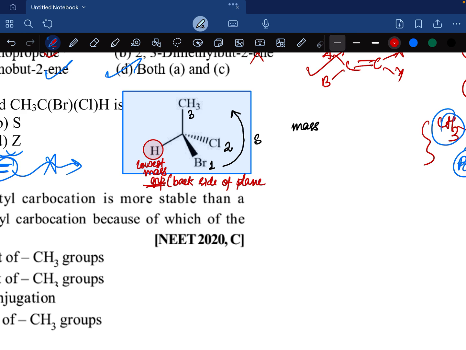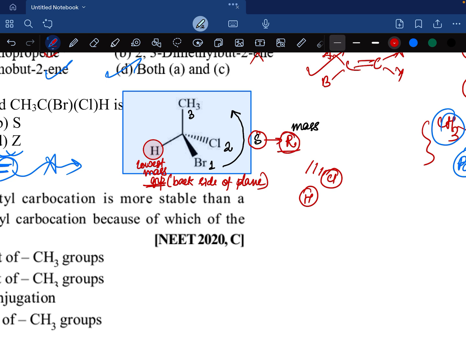We put dash lines to assign the back side. The dashed line is with chlorine, which means chlorine stands on the back side of the plane, not the lowest weight group, that is H. So whenever the lowest mass group is not present on the back side, whatever configuration comes, we just exchange it to the other, that is R.